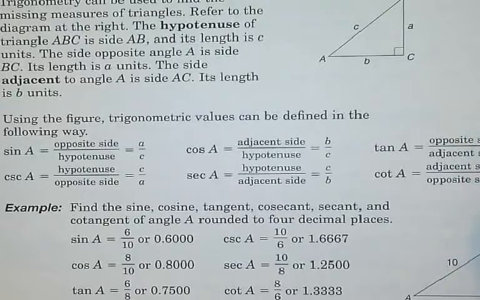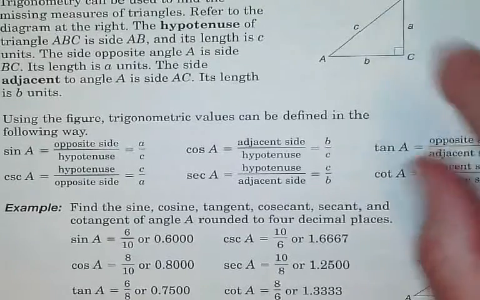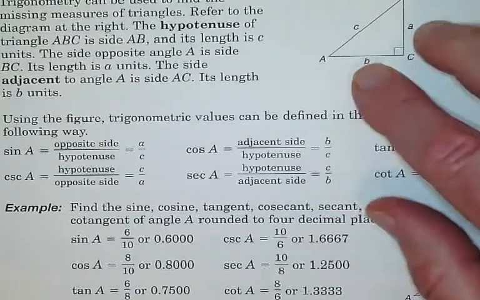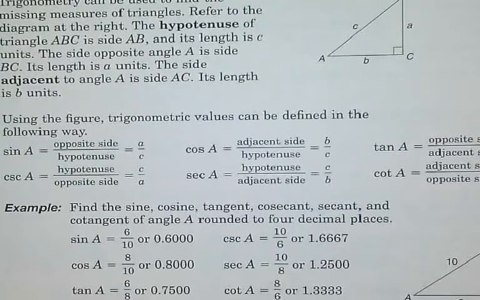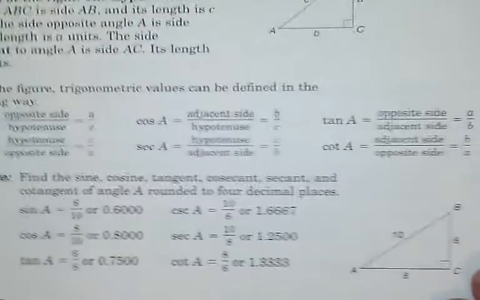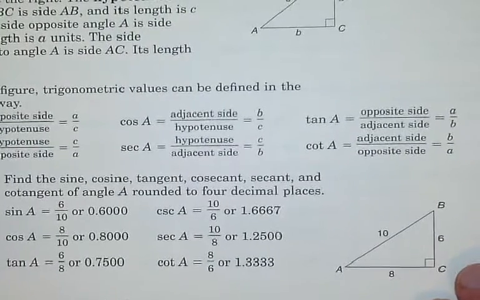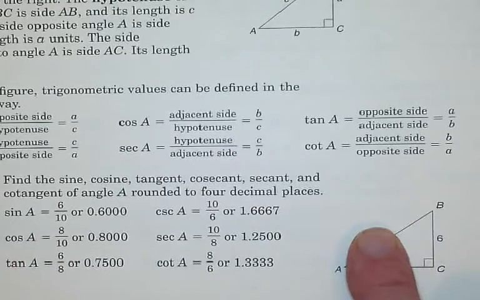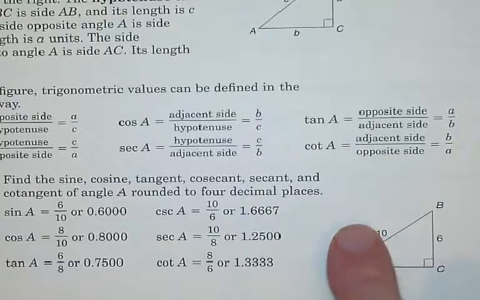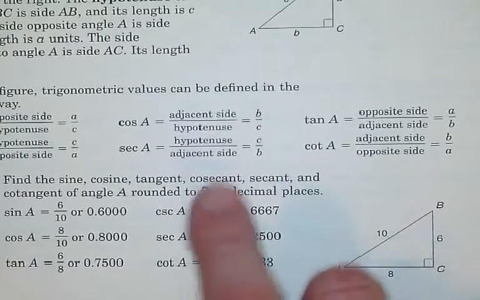Cotangent is the reciprocal of tangent. So what I always do is I find the tangent, and then flip it, b over a. That's what they're doing. So let's do one with numbers here. The sine of angle A is 6 over 10. So what's the cosecant? Well, it would be 10 over 6.